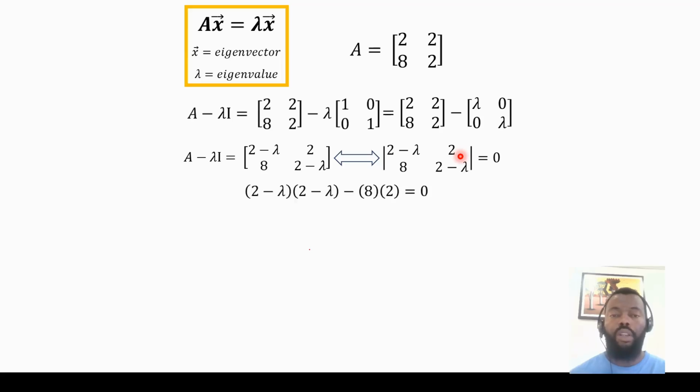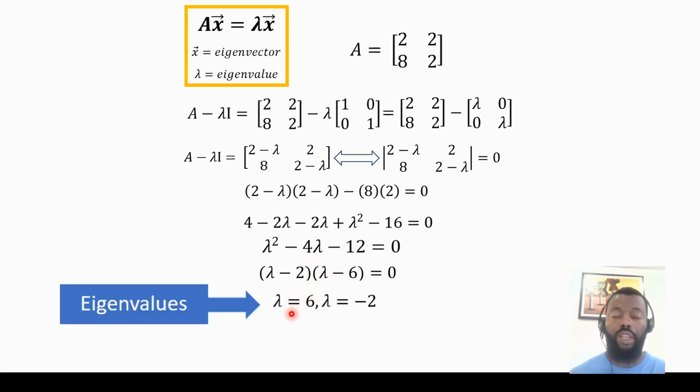So now we will have this equation, so we can multiply 2 times 2, and 2 times lambda, and lambda times 2, and lambda times lambda, minus 8 times 2, equal to 0. We can simplify this equation and we get this equation. So we need here to factor it, and when we factor it, we end up here. Now we have eigenvalues lambda equal to 6 and lambda equal to negative 2.